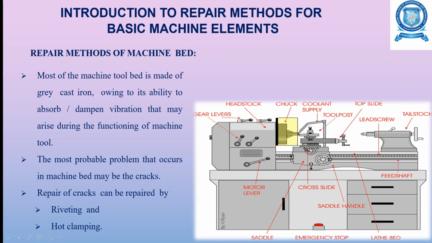The most common problem that occurs in a machine bed may be cracks. That has to be repaired, and cracks can be repaired by either riveting or hot clamping. These two are the most important repair methods.